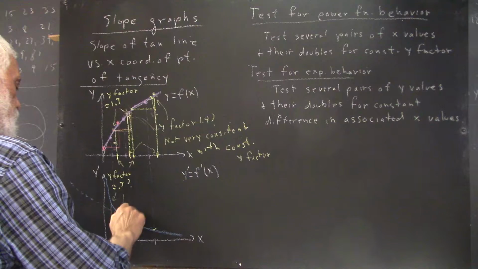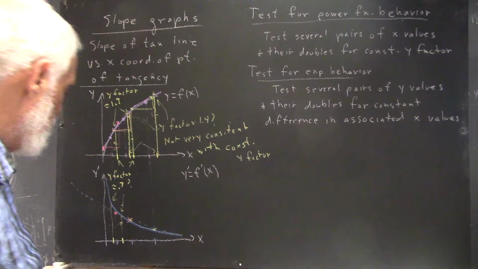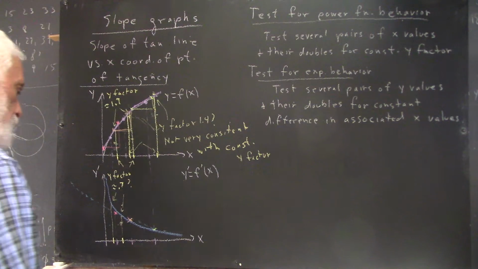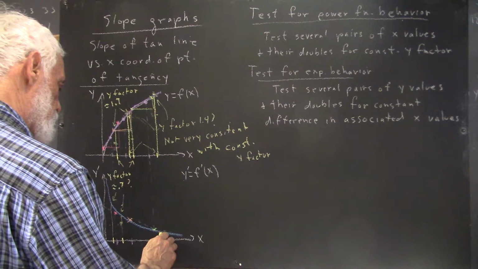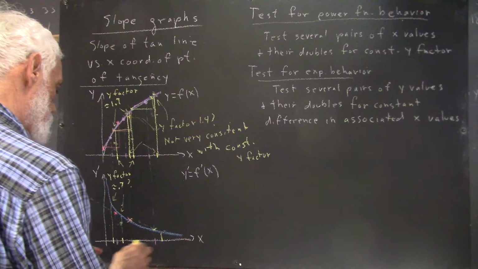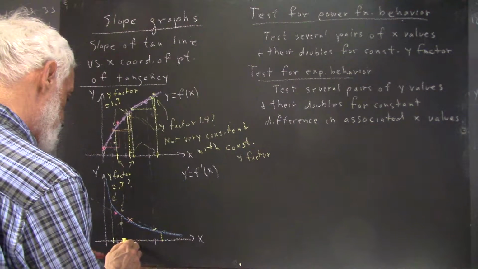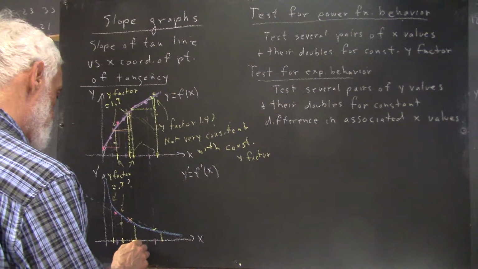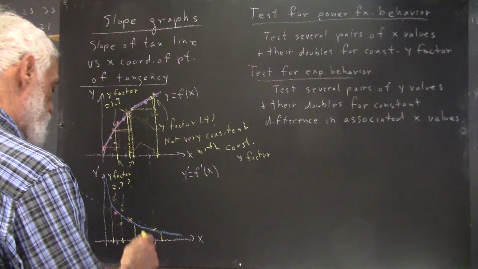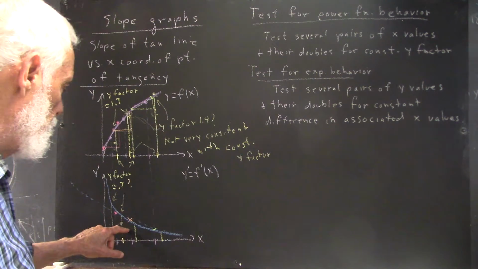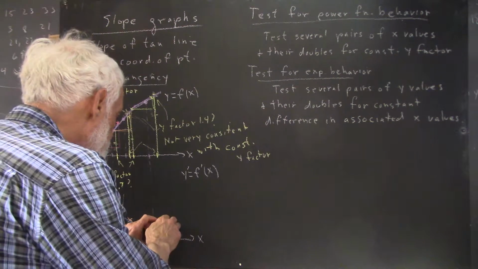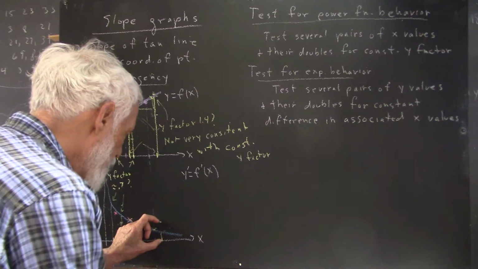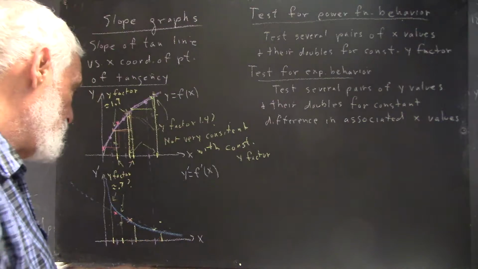That's between here and here. And these are doubling y values. Now, let's just take a bigger y value. Let's go out here and we get a y value. And then let's go halfway between here and here, which might be about here, and we get a y value. Now, what's the factor by which y changes from here to here? If I go from here to here, well, my y value is here. Half of that, well, it looks like about half.